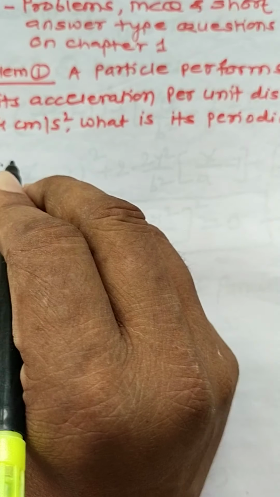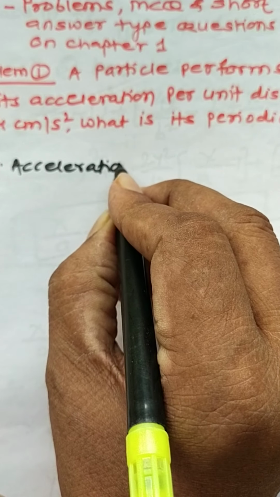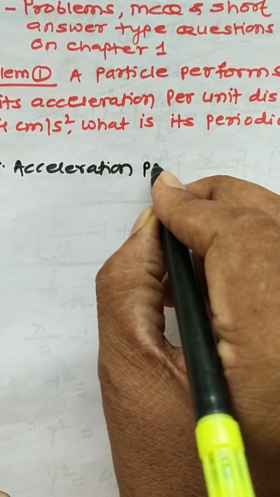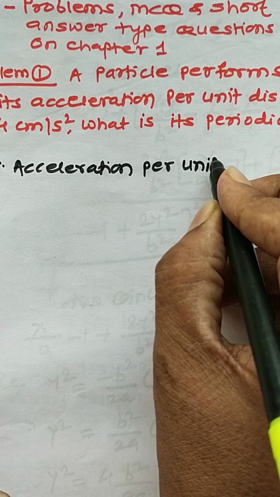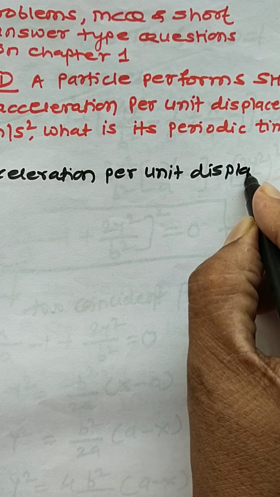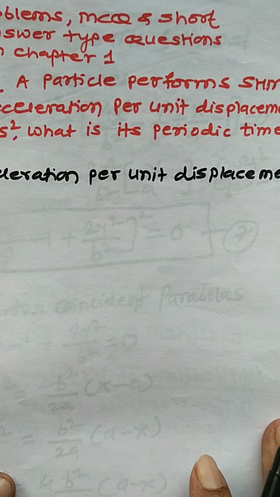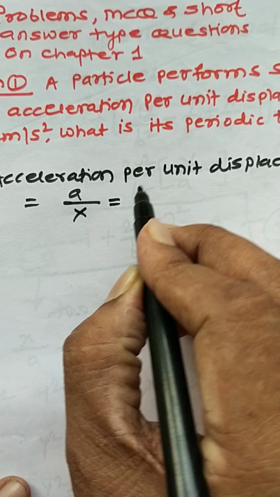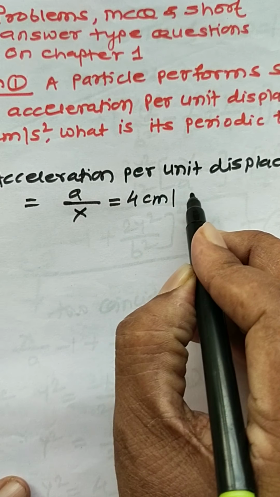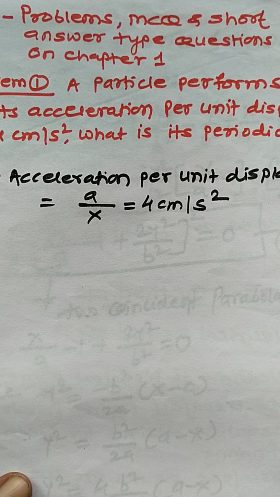Therefore, acceleration per unit displacement, that is a upon x, is equal to 4 cm per second square.